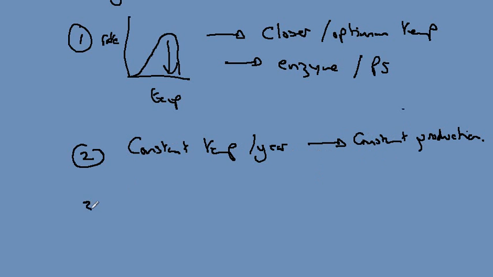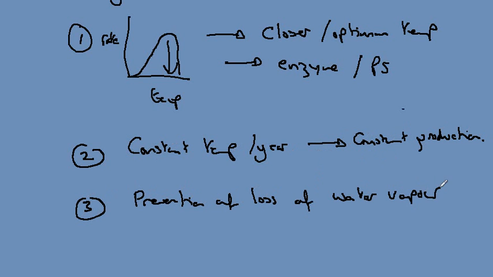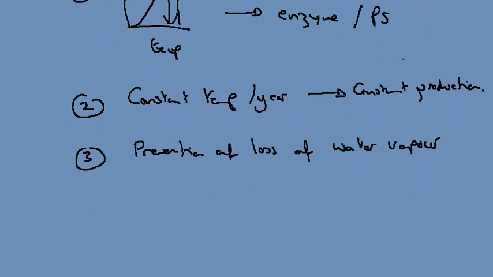The third feature to consider is the prevention of a loss of water vapor. So the crops don't dry out, they have a constant supply of water. That water vapor is not escaping to the atmosphere.